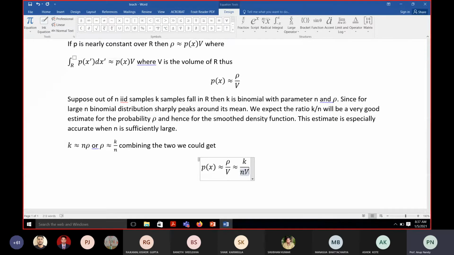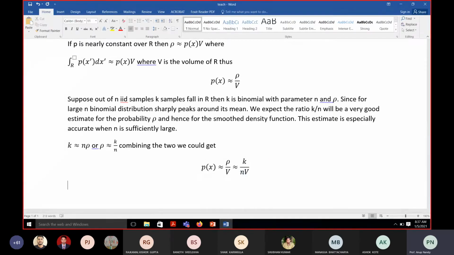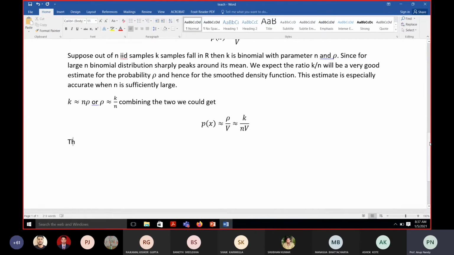Now I'm just going to make one remark. This is the basic idea of finding an approximation of f at any x.